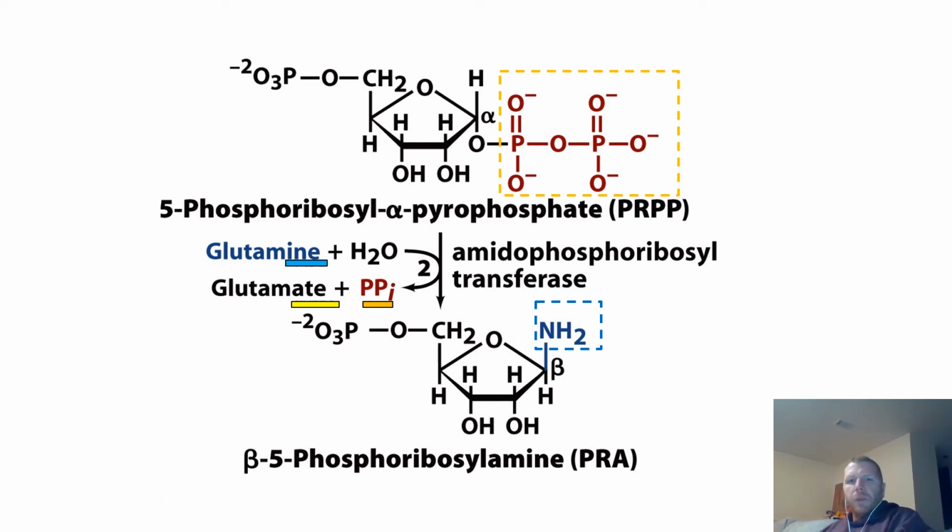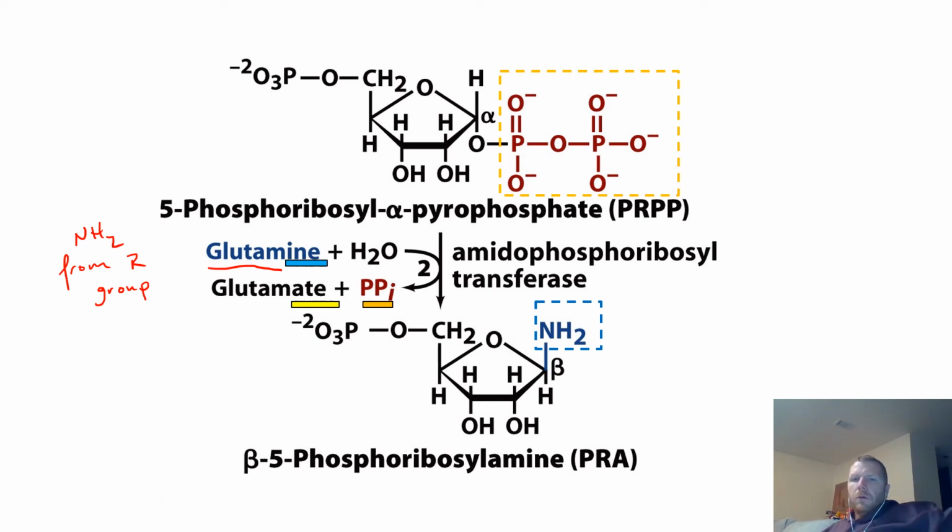Okay, so that PRPP, or 5-phosphoribosyl alpha pyrophosphate, is going to undergo a transaminase reaction. We're going to take our nitrogen off our glutamine side chain, the NH2 from our R group. We're going to add water. We're going to remove our pyrophosphate. When we deaminate the R group of glutamine and leave in its place a carboxylic acid, we form glutamate.